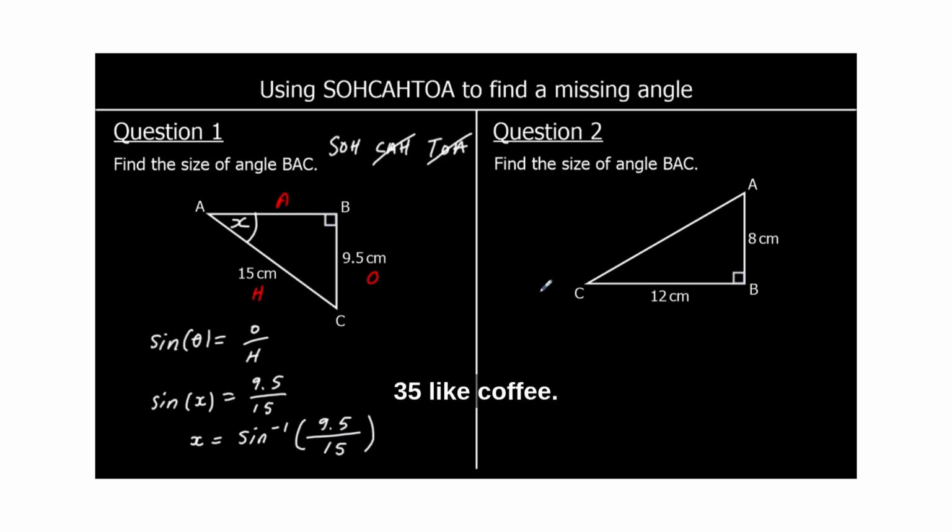And question 2, the angle BAC. BAC is this angle. The hypotenuse is the longest side. O is opposite the angle we're using, and A is in between the angle and the right angle. So is it sine, cos, or tan?